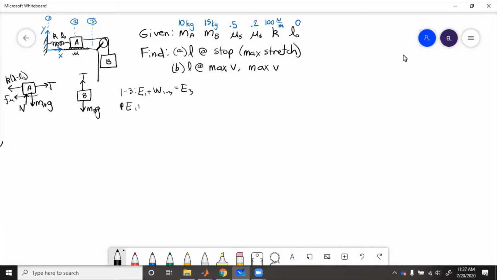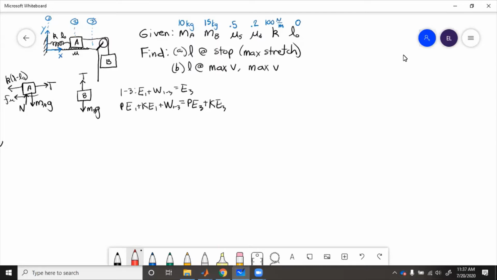Potential energy at 1 plus kinetic energy at 1 plus work from 1 to 3 equals potential energy at 3 plus kinetic energy at 3.